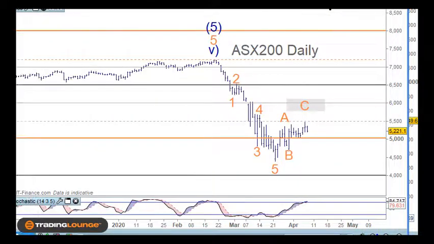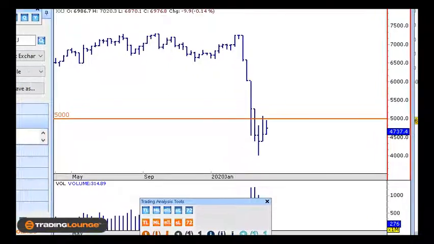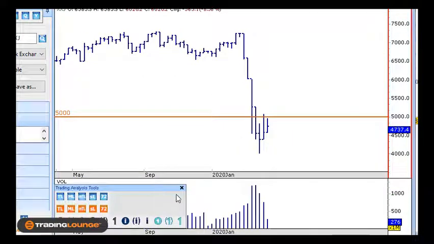Just taking that on board, if I look at the banking sector, because Australia's made up of either banks or mining, we can see the move down through here on this weekly chart. The reason I'm pointing this out is just the volume, because a trend needs increasing volume to be a trend.